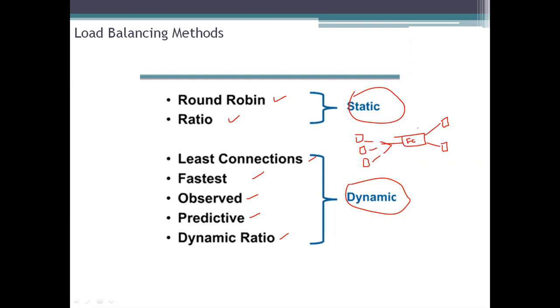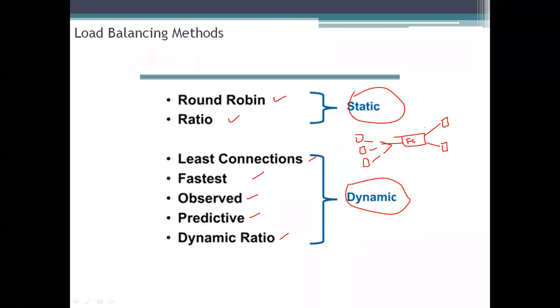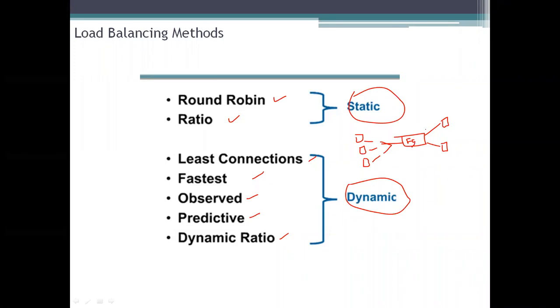So when it comes, how can the load be balanced? How will the F5 know that it can send three connections to this one, or two connections to this one? That decision is called the load balancing method.